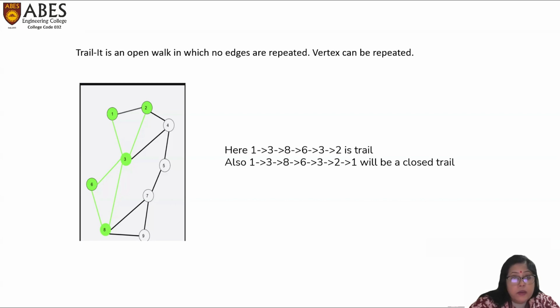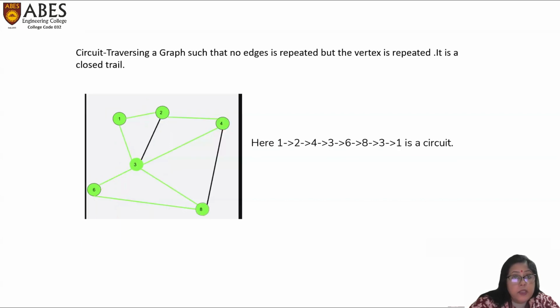Now we are moving over to the next terminology, that is, what is a circuit. Traversing a graph such that no edge is repeated but the vertex is repeated is called a closed trail. Then what is a circuit? A circuit is again a closed trail. So in the previous slide we saw a closed trail, and that is what is called a circuit.